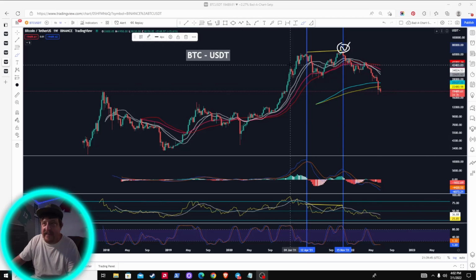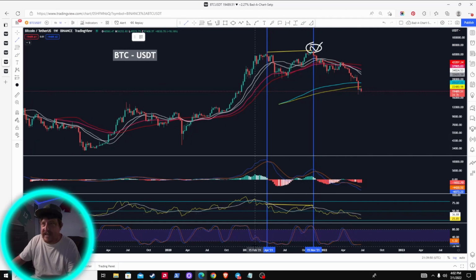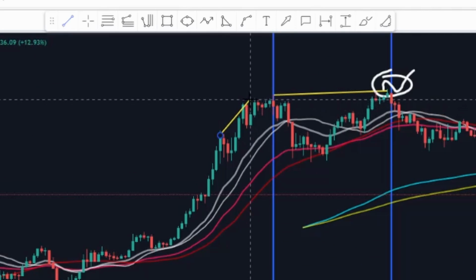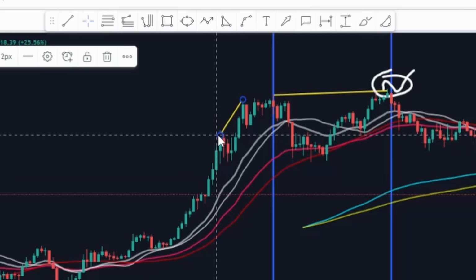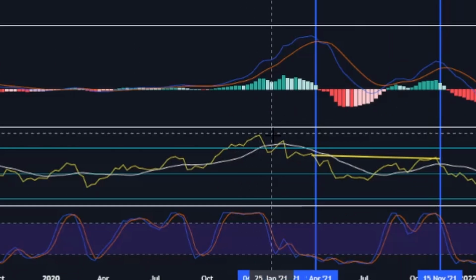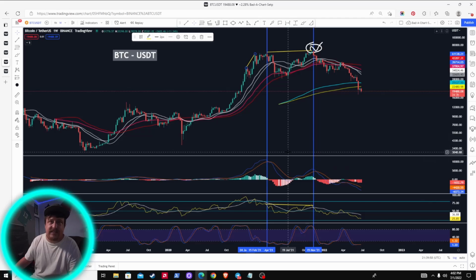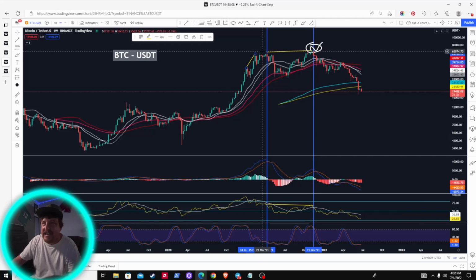You clearly had, in fact, this would be really the first divergence you'd want to look at if you spread this out a little better. You had divergences start happening all along here. You had a high, but a higher high here, high, lower high here. But because it's such a significant time frame, it doesn't always mean it's going to play out instantly. It wasn't that price action necessarily topped right there. It was able to kind of go sideways for a bit and even put in one last high. But clearly the percentage between this first big bearish divergence and how high it actually got was very minuscule, right?